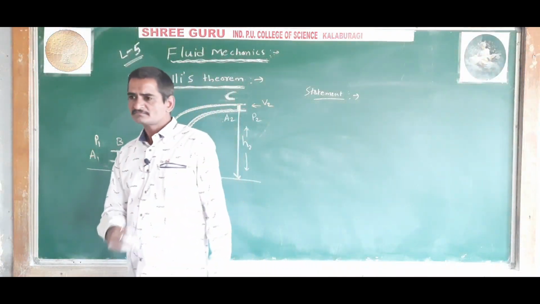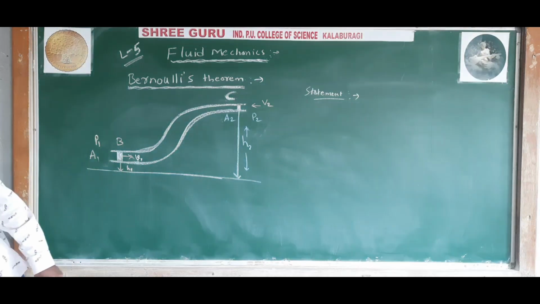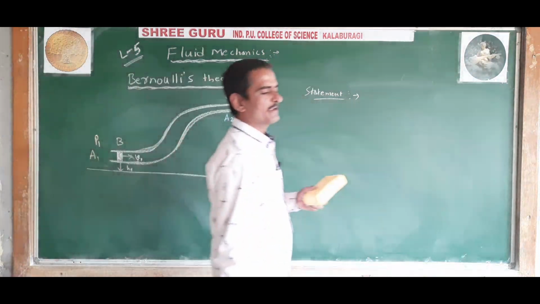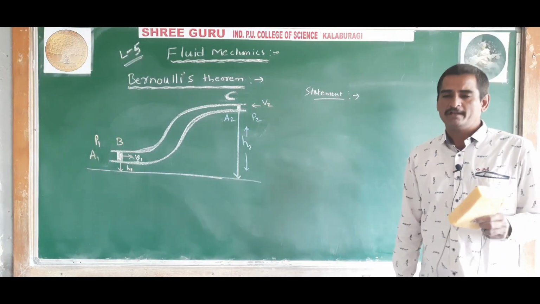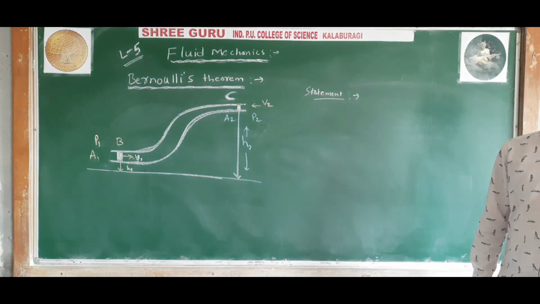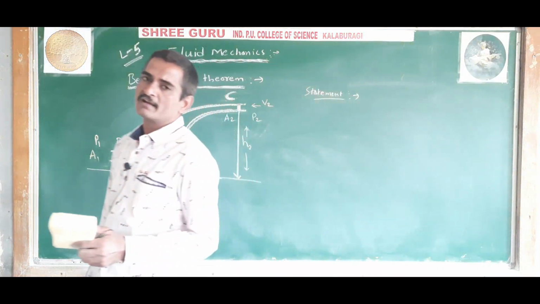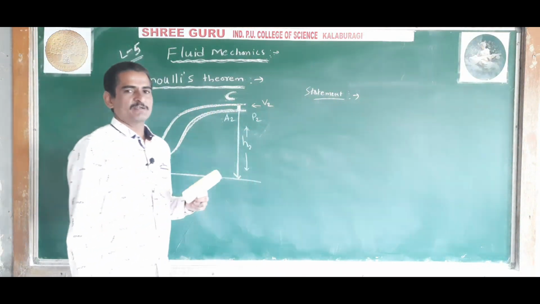According to Bernoulli, the sum of pressure energy, potential energy and kinetic energy per unit volume of fluid will remain constant for an ideal fluid having streamlined flow.